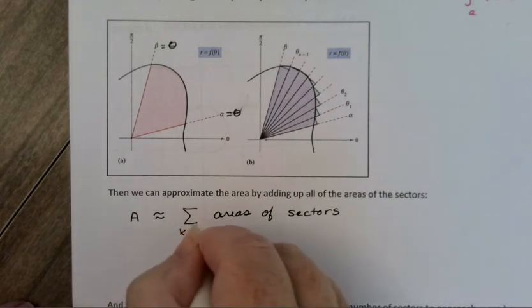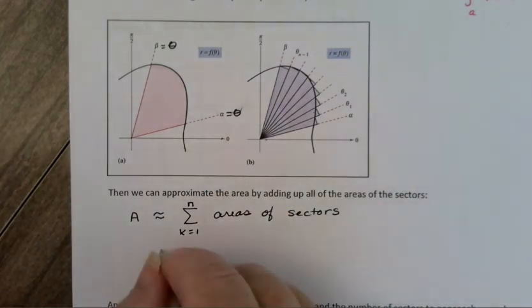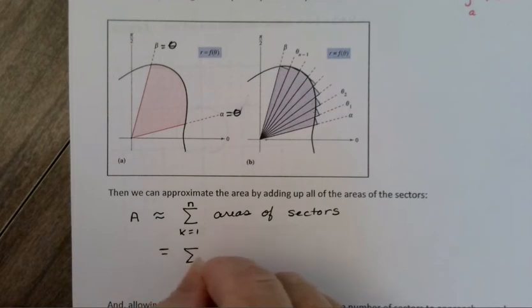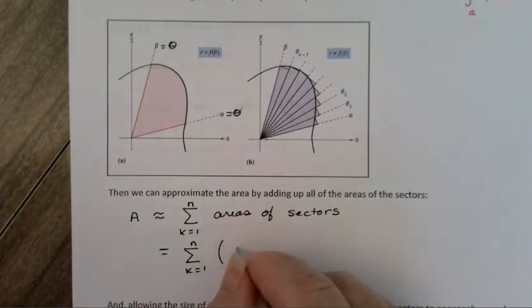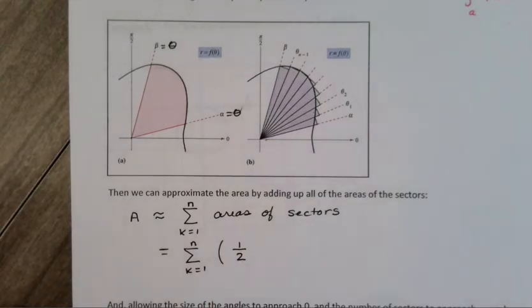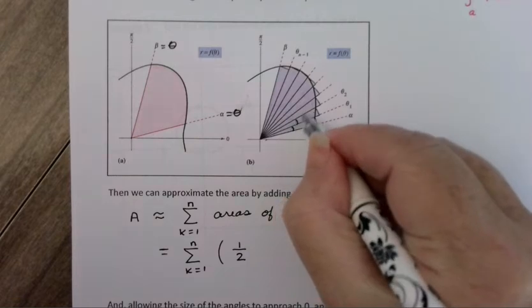And I'm going to say as k goes from 1 to n. So that would be the sum as k goes from 1 to n. And I'm just going to put my sector formula in here. 1/2 times the angle theta. Well, the angle theta is all of these little angles in here.